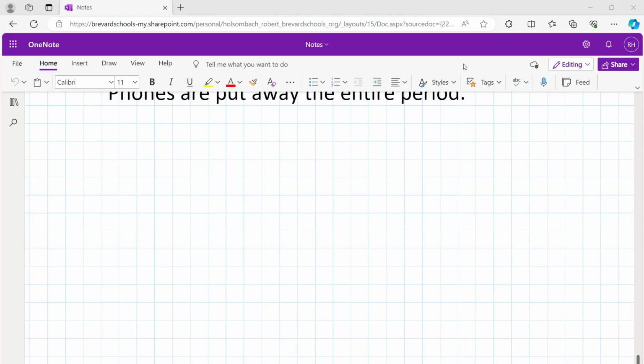All right, so on page 275 today, we are going to talk about triangle congruence.